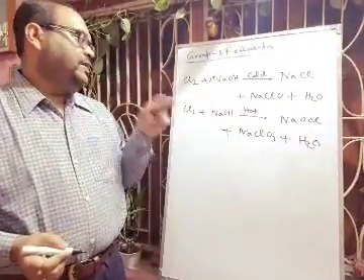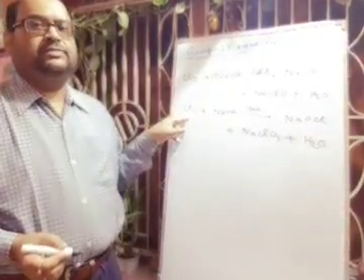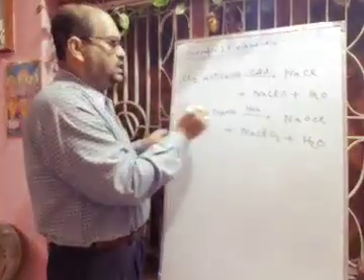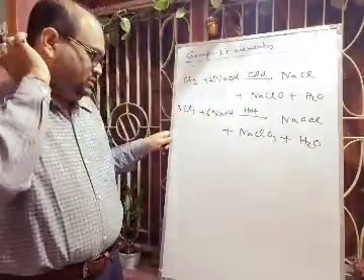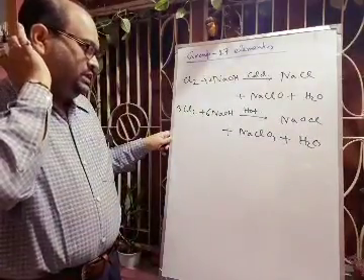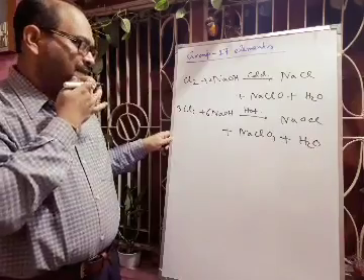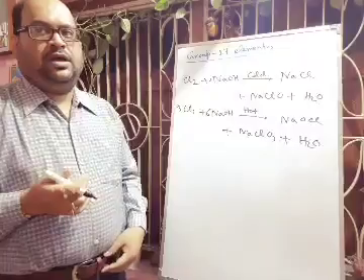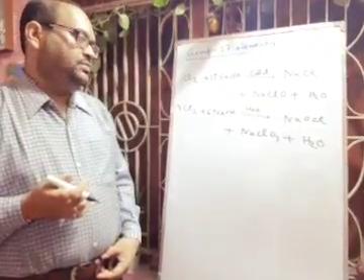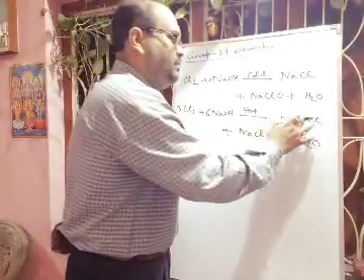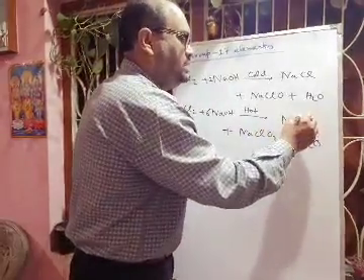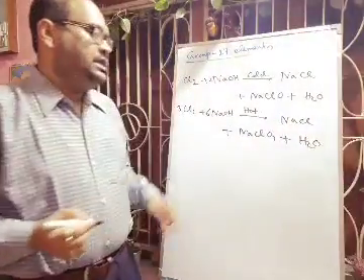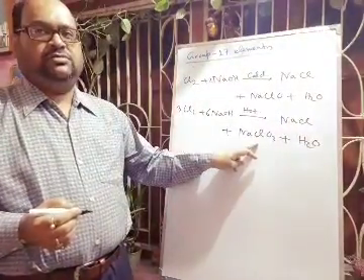Hope you can understand. Now you have to balance this equation. Okay. So here you have to take thrice Cl2 and 6 NaOH. Sorry. Here it will be NaCl, not NaOCl. NaCl plus NaClO3. Okay.